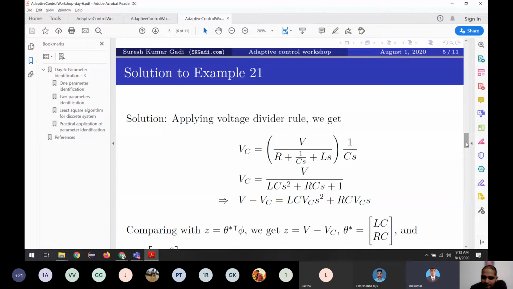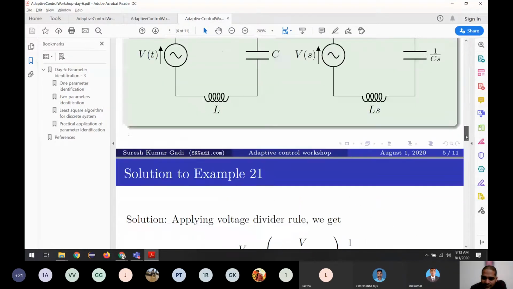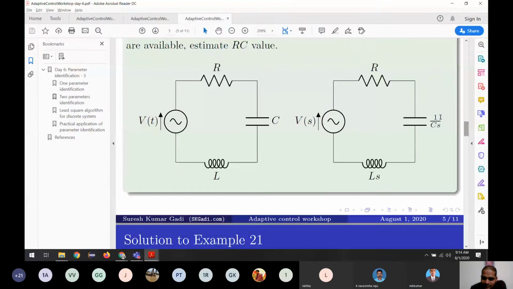Okay. So voltage across the capacitor, what I mean is if you put a multimeter or a voltmeter between these two terminals, what is the voltage we will measure? The voltage we measure here is the same as the current times the impedance or reactance. What is the reactance here? It is 1 divided by CS.